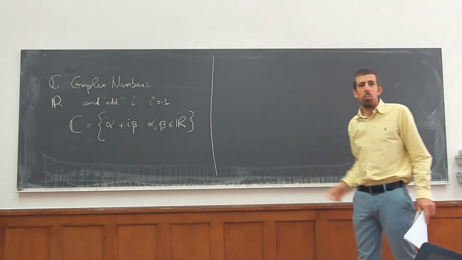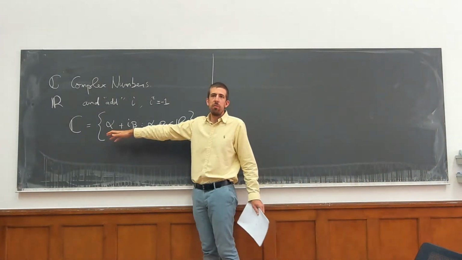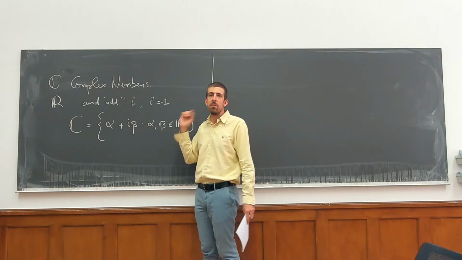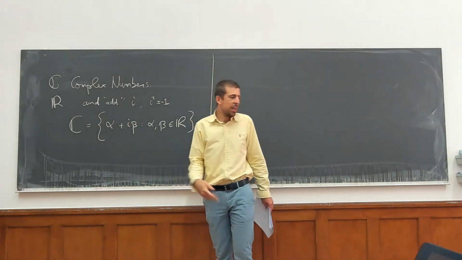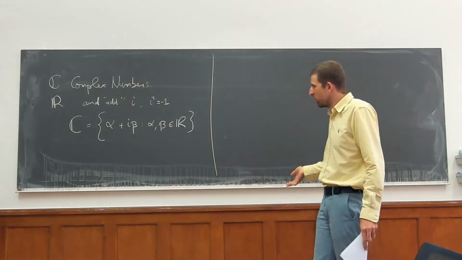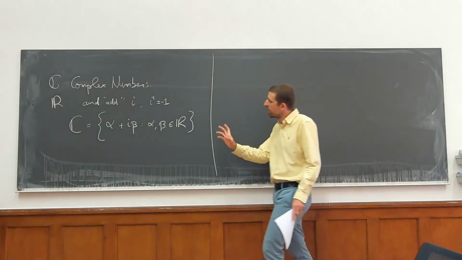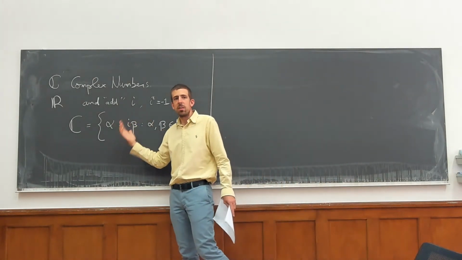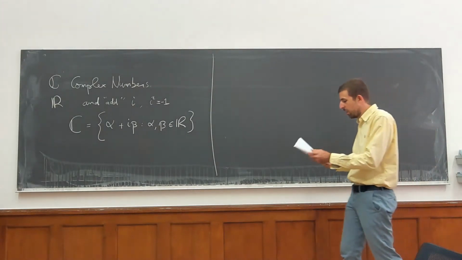But then we also take all possible linear combinations of these. You might already think this looks an awful lot like R2, from linear algebra. In fact, a lot of what we're going to do today you could view as simply R2. The nice thing is that you can define a nice multiplication here. It makes sense to multiply these numbers, when in R2 you have to be a lot more careful about that.